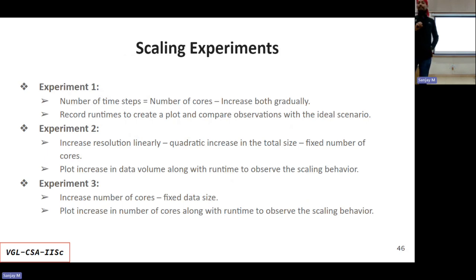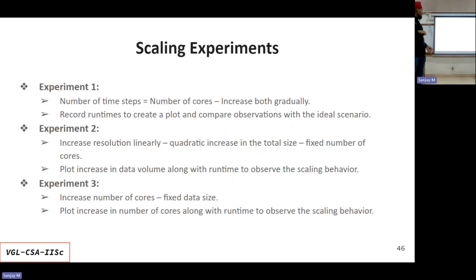We ran 3 experiments to see how scalable our system is. The first experiment is where we keep the number of time steps in the data set and the number of cores that we are using equal, and we increase both gradually. In an ideal situation, it should give us a constant runtime because we have the same amount of resource with the same amount of data.